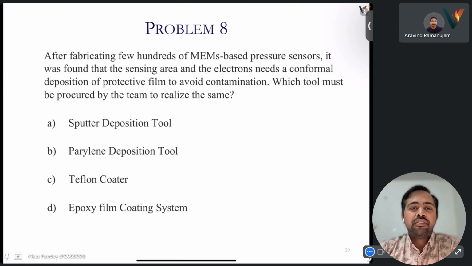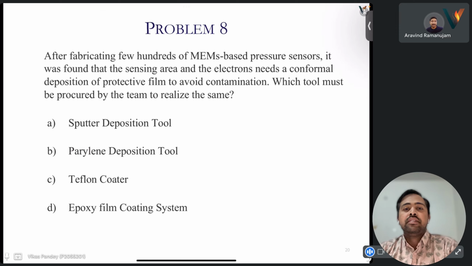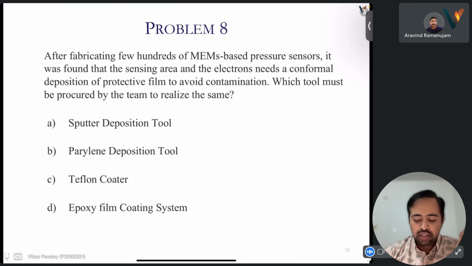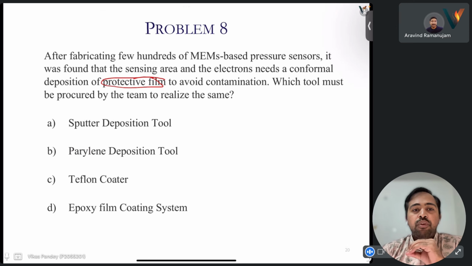Okay. After fabricating a few hundred MEMS-based pressure sensors, it was found that the sensing area and the electrodes need a conformal deposition of a protective film. Protective film is the passivation layer, right? To avoid contamination. Which tool must be procured by the team to realize the same?